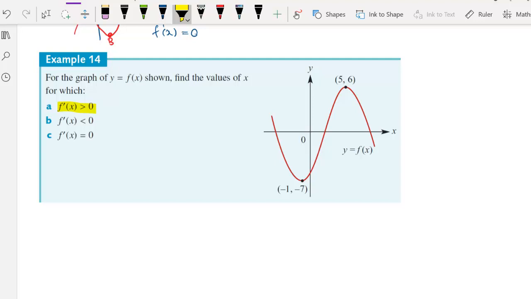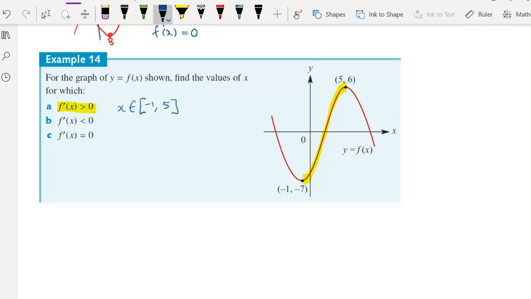So what that's asking for is, when is it increasing, or when is that gradient greater than 0? We should be able to see here that it's increasing in this section here, between x equals -1 and x equals 5. So I would say this is simply when x is an element between -1 and 5.